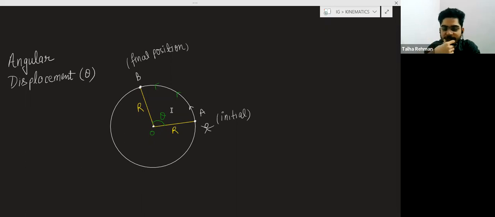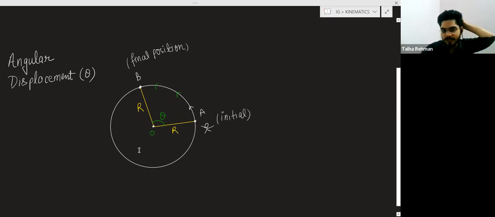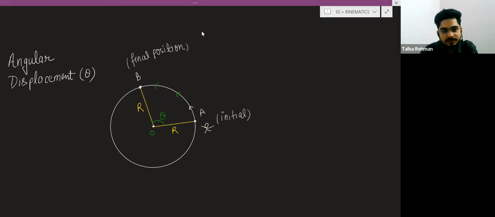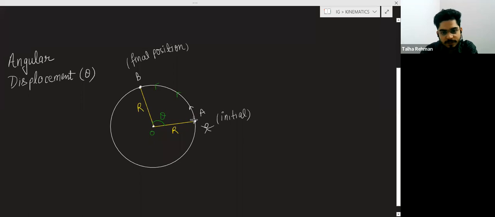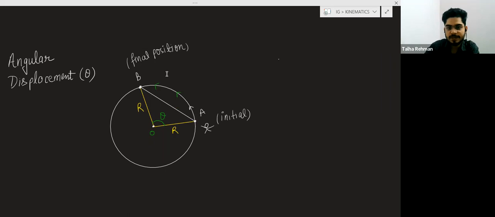I told you about linear displacement in the last chapter. So this is theta, and what will be the displacement? If I am talking about the displacement, the straight line distance between the initial position and the final position will be the displacement. Okay. So here will be the linear displacement.